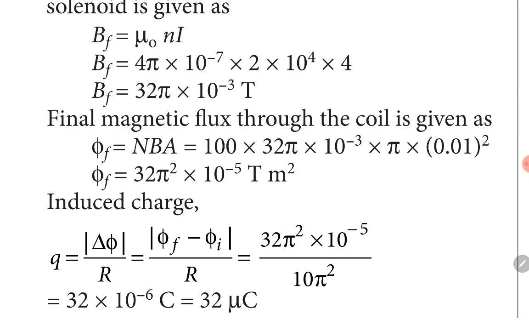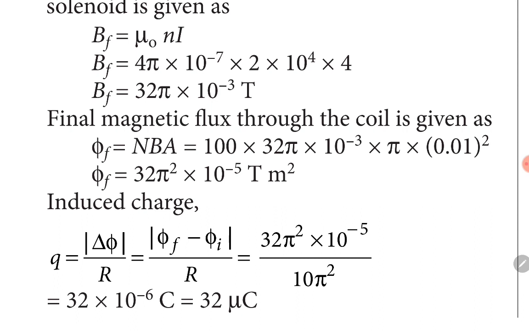So guys, now we need to find charge flowing through the coil, and this can be done by using the simple equation charge is equal to delta phi divided by R. Guys, delta phi is change in flux and R is resistance of coil. Guys, here flux initially was 32 pi square into 10 raised to minus 5 Tesla meter square, and final flux will be equal to 0.